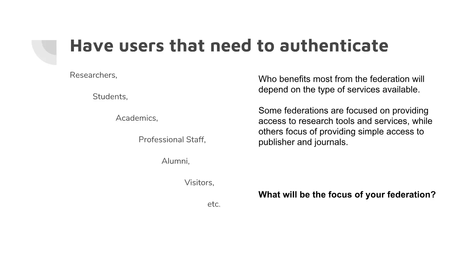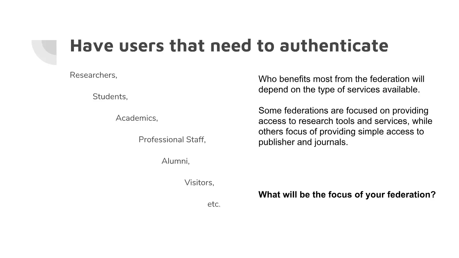Some provide simpler access to publisher and journals type content. It depends on where you want to start and what's the goal of the federation. Providing simpler access to publishers may make it cheaper or easier for your universities to get access to some of these journals.